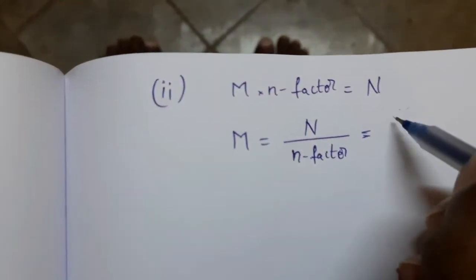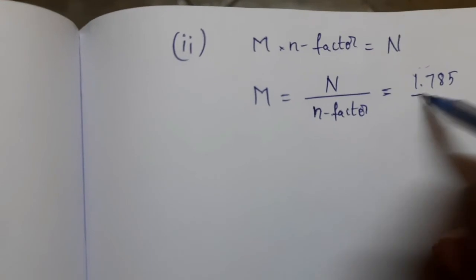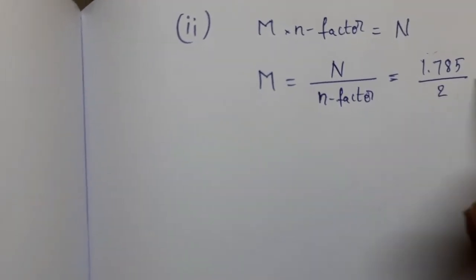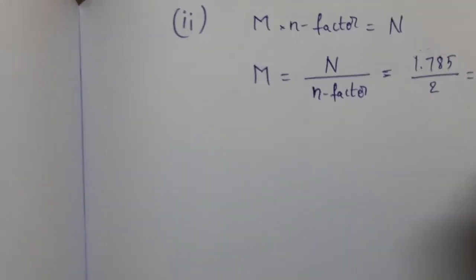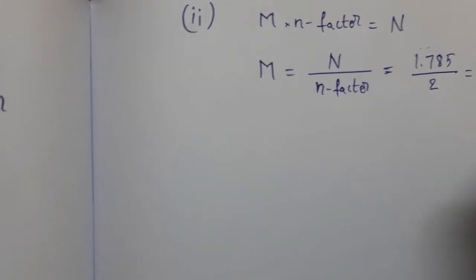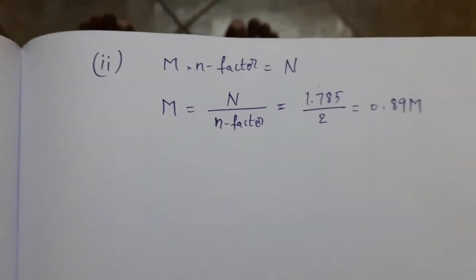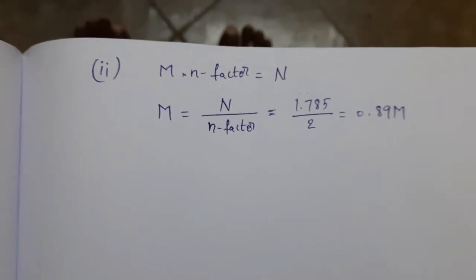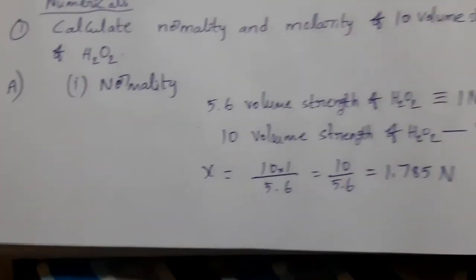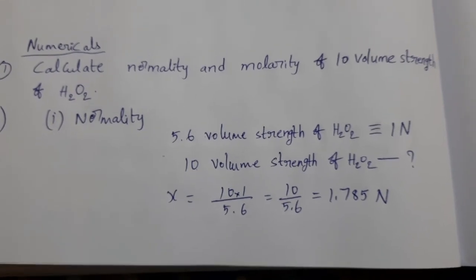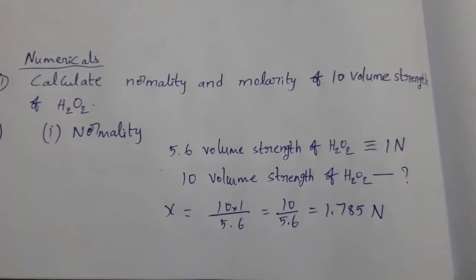Substitute here, 1.785 divided by n factor, which is 2, equals 0.89 molarity. So this is the calculation of molarity and normality from volume strength of H2O2.